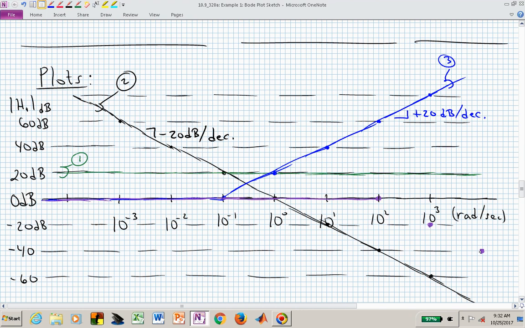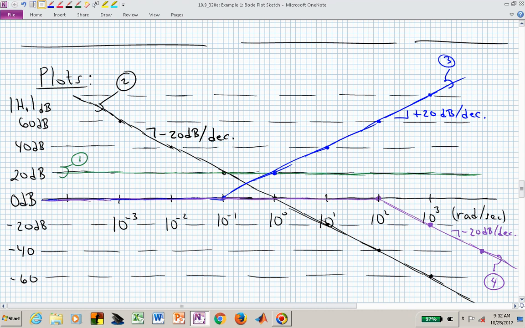A decade beyond that, it's going to be at minus 40. It's now going to be contributing its slope of minus 20 dB per decade. We now have all of the individual pieces. This is piece number 4. And we can now put all of those pieces together.